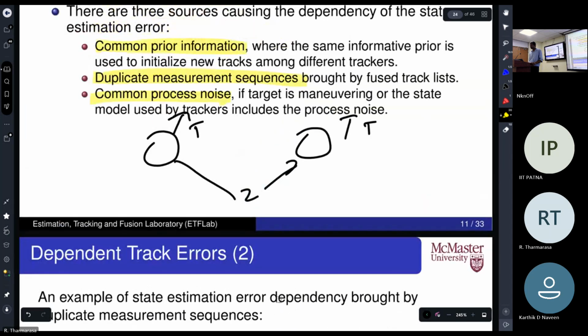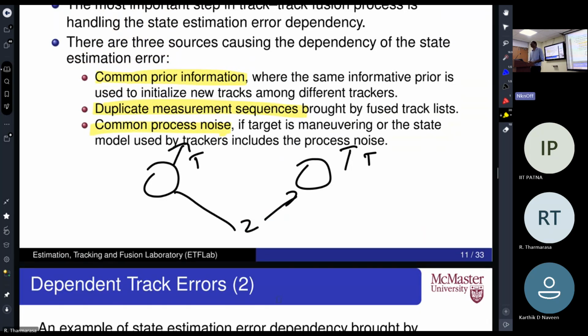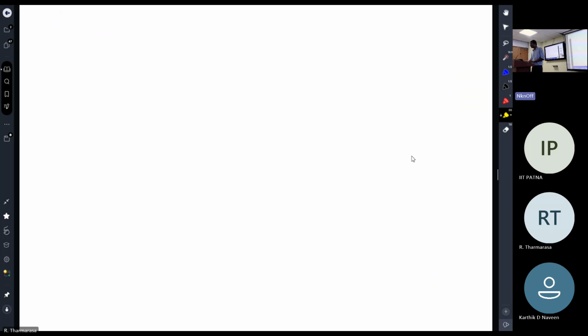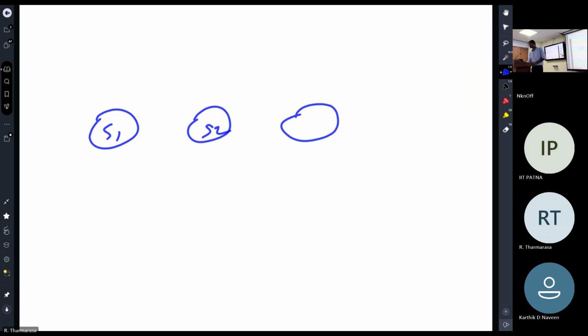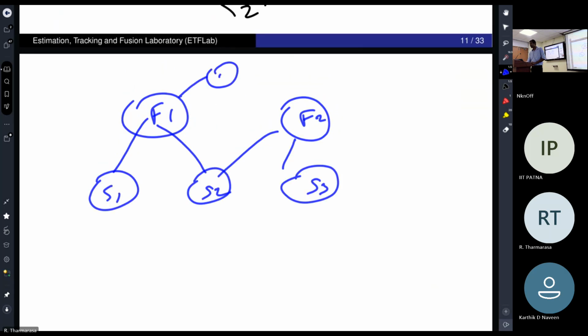Same target. Yes, it's the same target. But this duplicate measurement sequence, I usually don't allow this to happen. Let's assume this case.